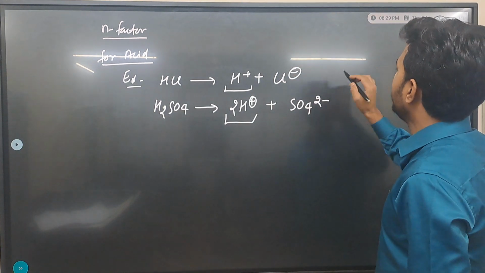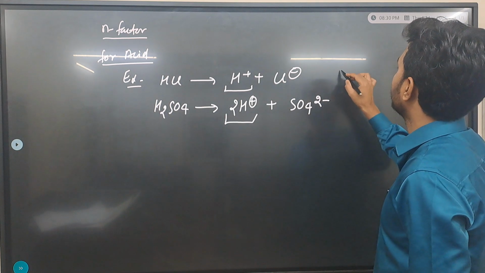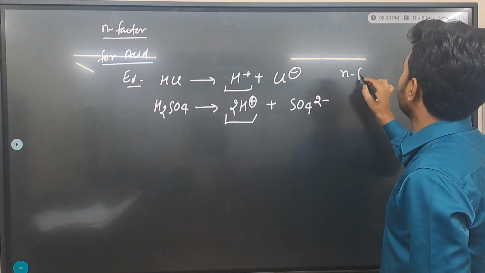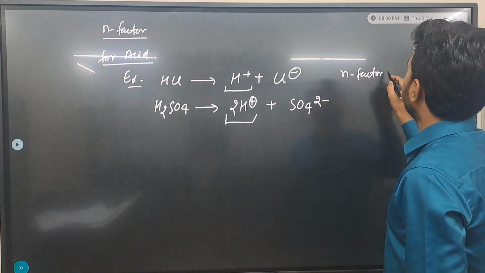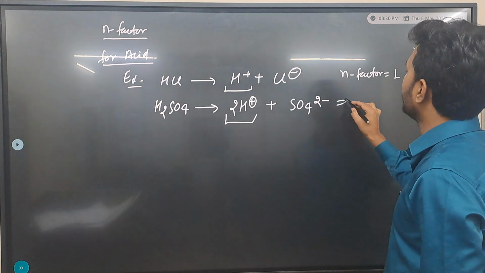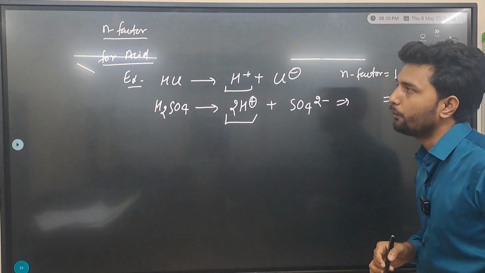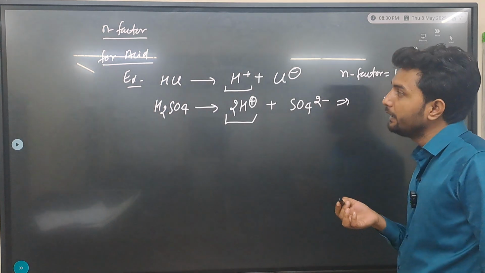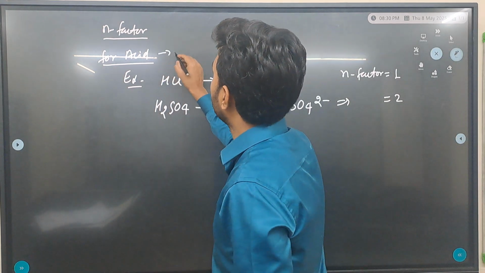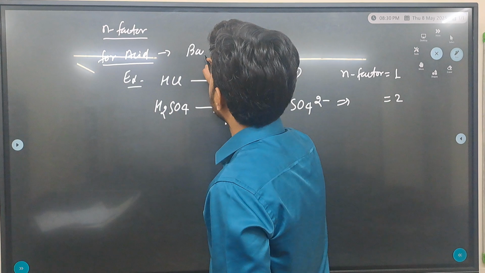So n factor for HCl will be 1, and for H2SO4 n factor will be 2. And this is called basicity.